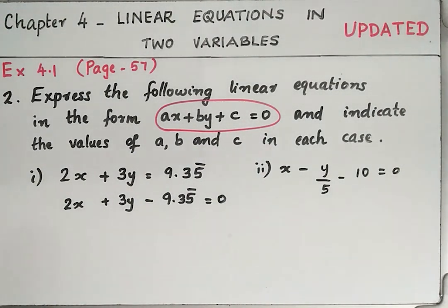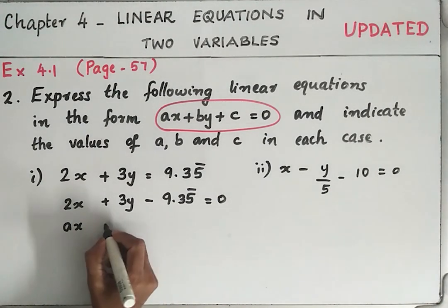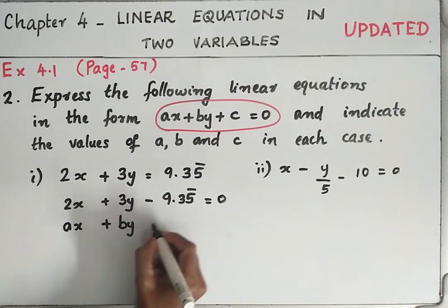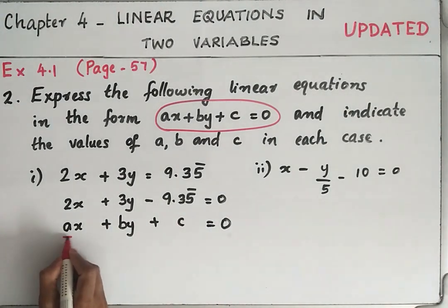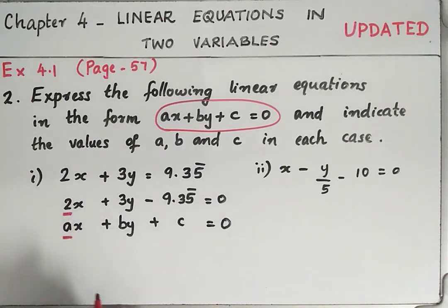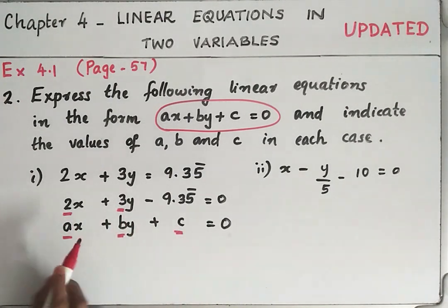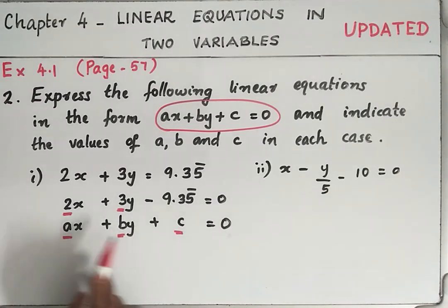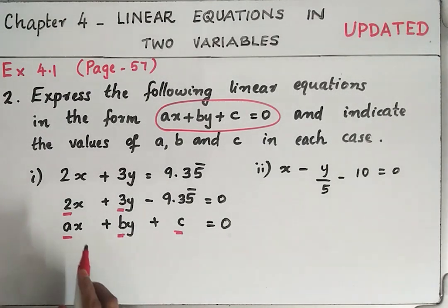And it is in the form of ax plus by plus c equal to 0. Instead of a, the number 2 comes. Instead of b, the number 3 comes. And instead of c, look at here. Here all are positive, so no need to put the plus sign in the case of a and b.